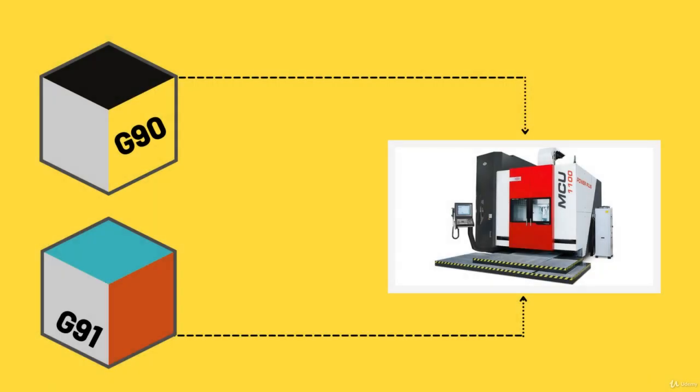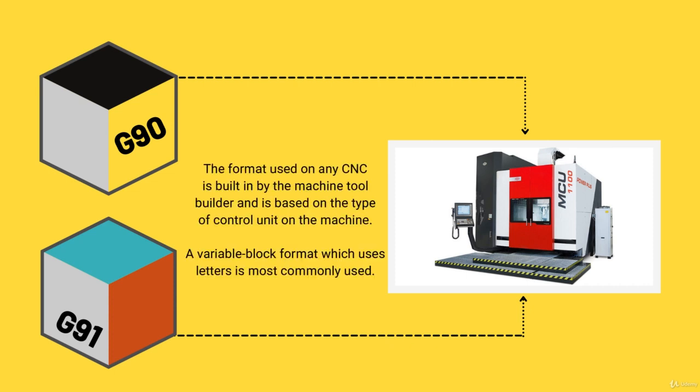Every program for any part to be machined must be put in a format that the MCU, or machine control unit, can understand. The format used on any CNC is built in by the machine tool builder and is based on the type of control unit on the machine. A variable block format which uses letters is most commonly used.